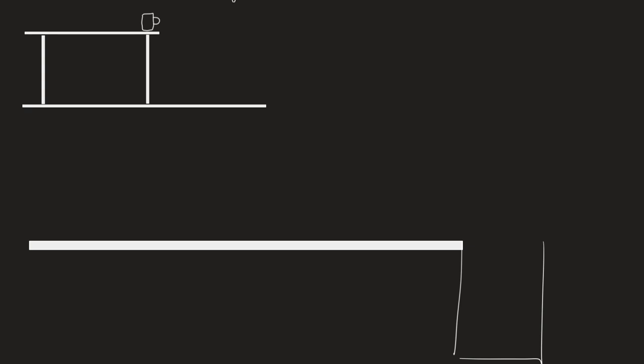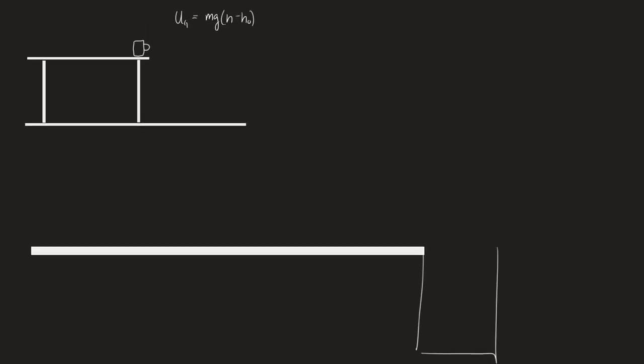The thing is, any time that we sense it's useful for us to use potential energy, what you need to look at is where is the lowest point the object could travel to? The lowest point the object could travel to, I call the reference level.